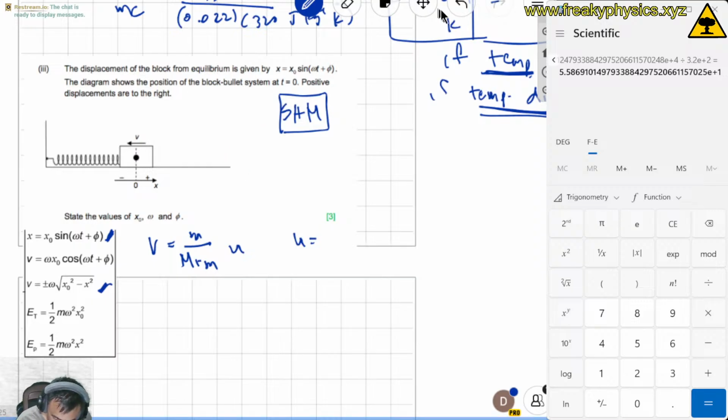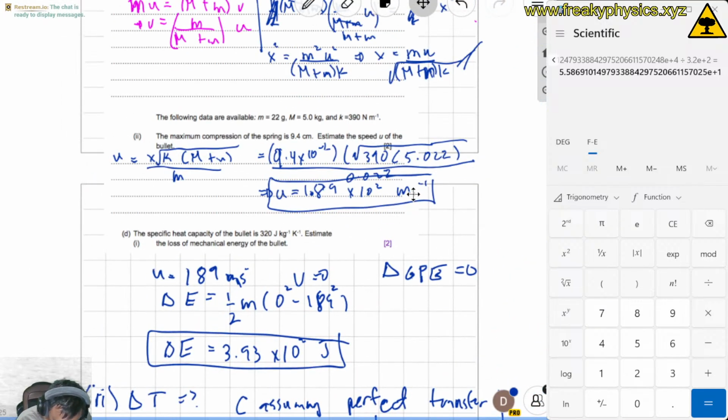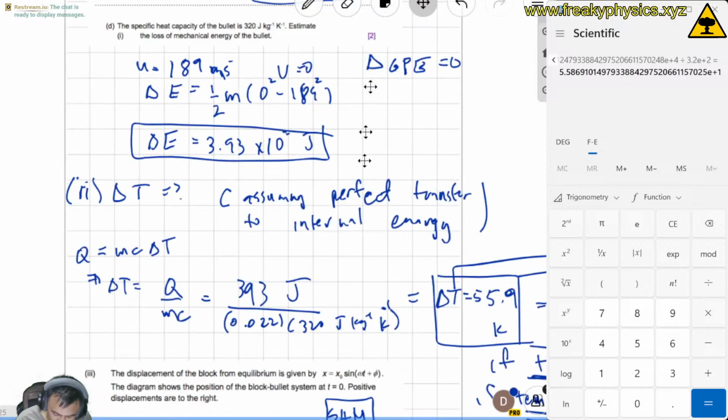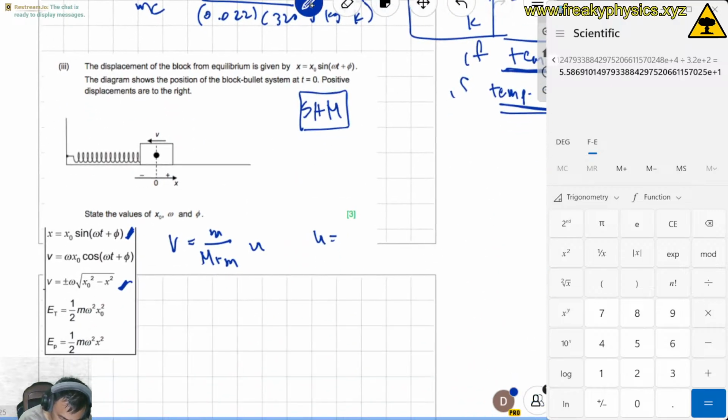Let's just get the value again. What was the value we got? This 189. Okay, use 189 meters per second. And then what do we do? We put this here, and then this v we put in here. In this case x equals 0. That's the first thing we do. So if we do that, let's look at the values.